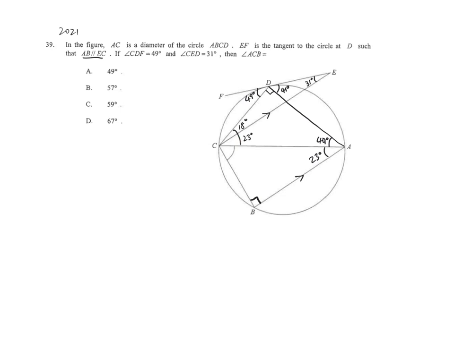So therefore we can have our final answer that the sum of all these angles should be 180. So if you do 180 minus the 23 minus the 49, take away the 23 and the 18, you'll end up with the answer of 67, therefore giving you the option D for this question.